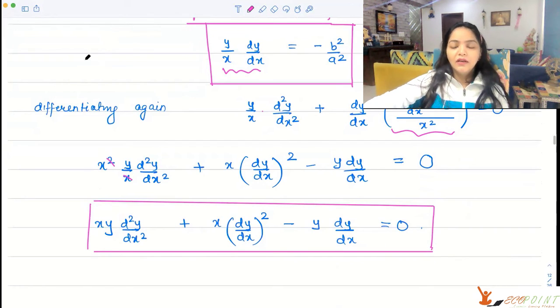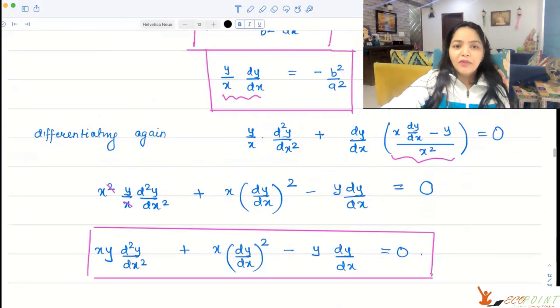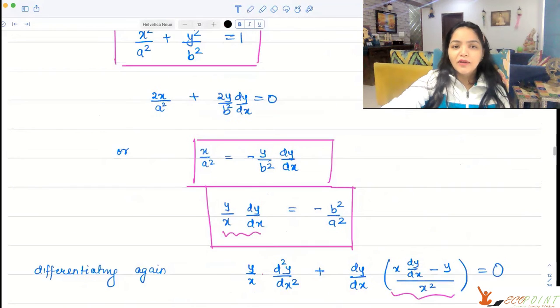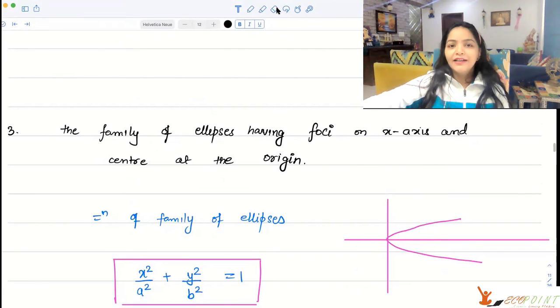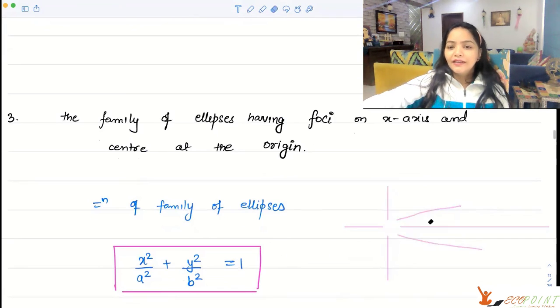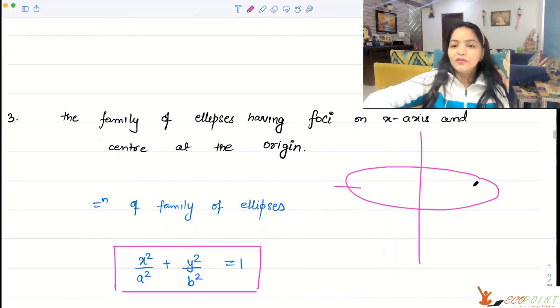Or perhaps what I did was something wrong, and let me just correct myself. I think in my mind I took parabola, so instead of ellipses, I have taken parabolas. I'm so sorry. So basically, we're talking about a family of ellipses, wherein the center is 0, 0.